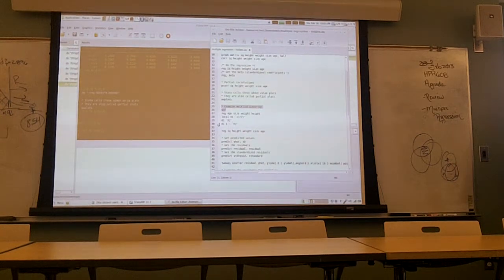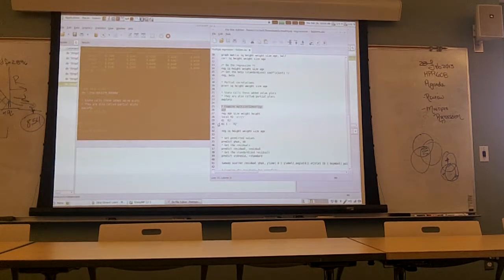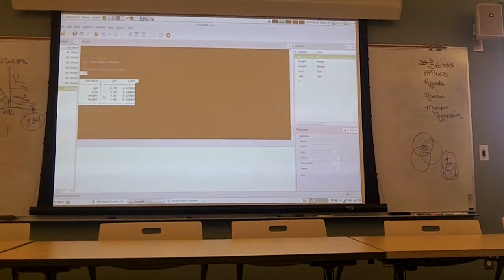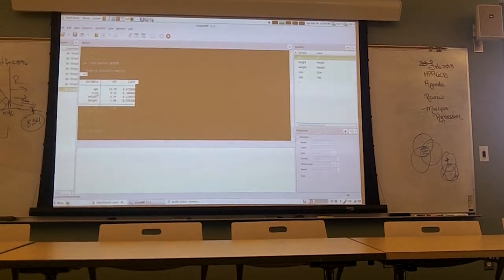Let's see here. Standard error will be inflated. Standard error is what? It's variance. So the variance inflation factor tells us the extent to which the collinearity is inflating the variance of the coefficients. To do that, all we have to do is say VIF. Okay, so here we have some problems.